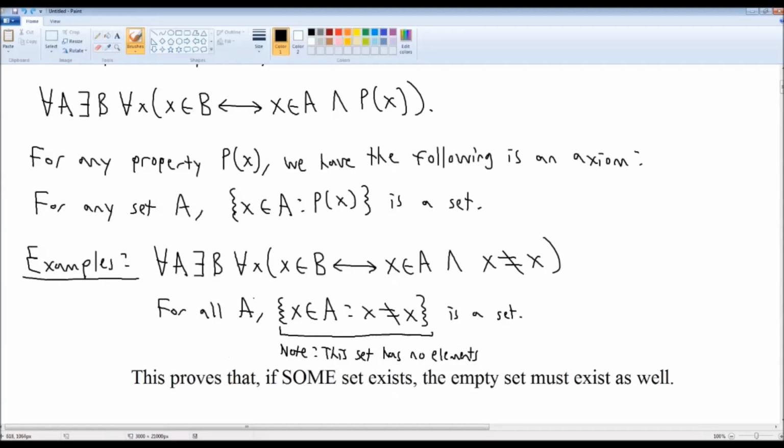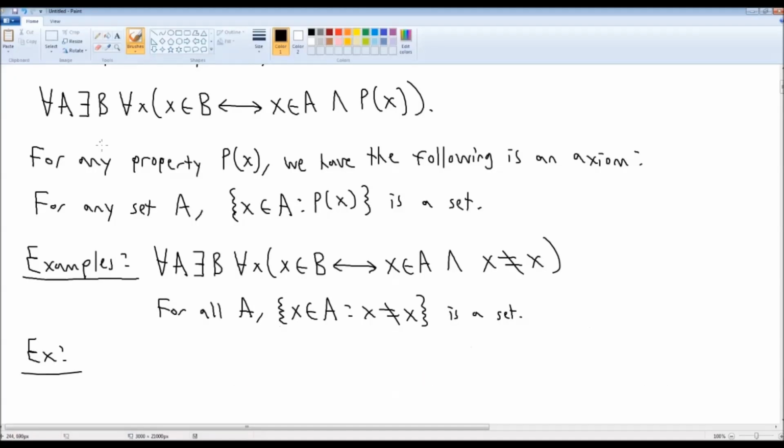By the way, this proves that if some set exists, then the empty set has to exist as well, which is why some books don't have an axiom of the empty set. They just have an axiom that there exists some set instead. Because if there exists some set, then the empty set must also exist by the axiom schema of separation.